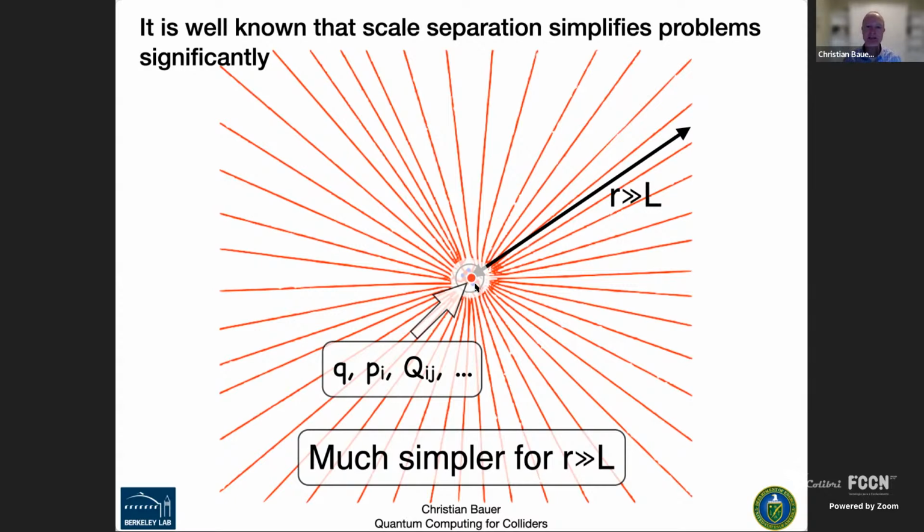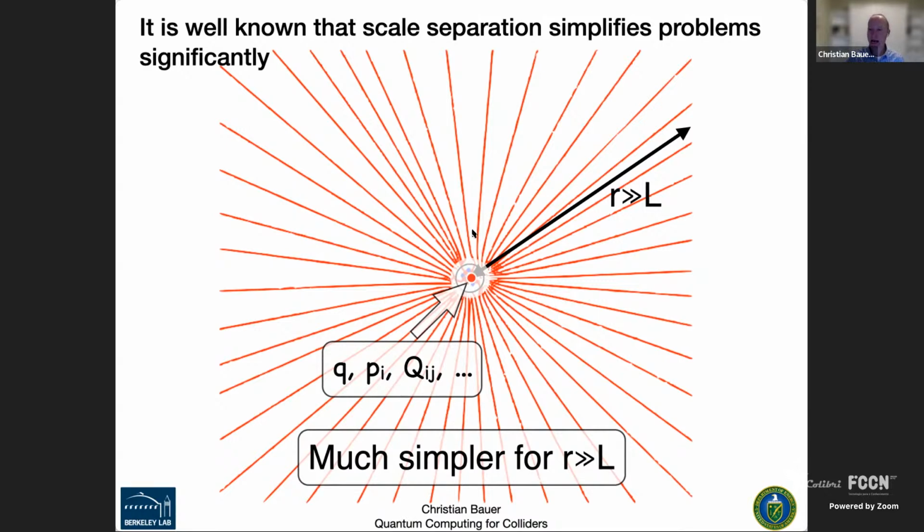The only thing I still know about it is one extra positive charge, and that creates the divergence in the electric field, which gives radially symmetric field lines. So for large R, once the scales separate, the problem becomes a lot simpler to solve.